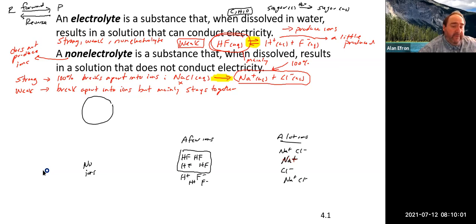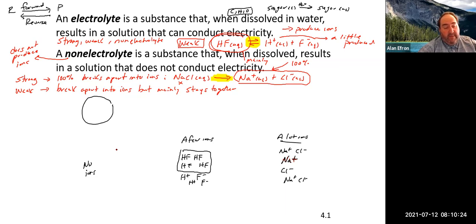We talked about a few different types of electrolytes. We'll hit them again individually in just a second, but there are strong electrolytes, which means 100% of it breaks apart into ions, and because of the presence of those ions, we end up with a lot of free ions in the solution, and that allows it to conduct electricity really, really well.